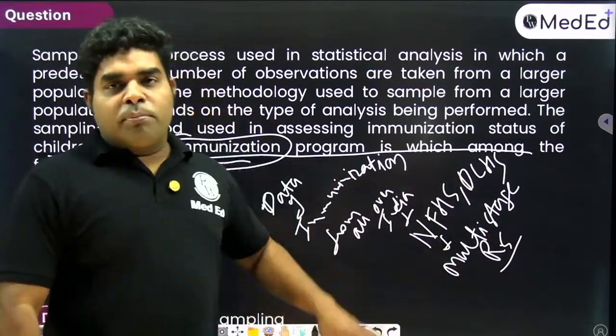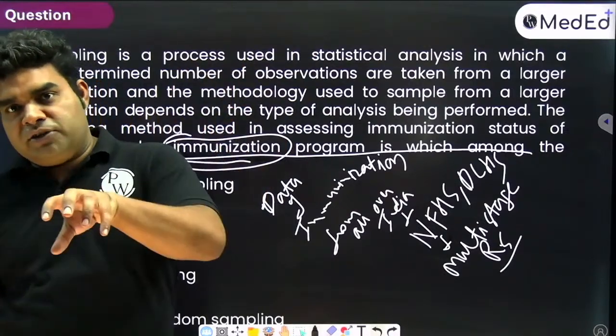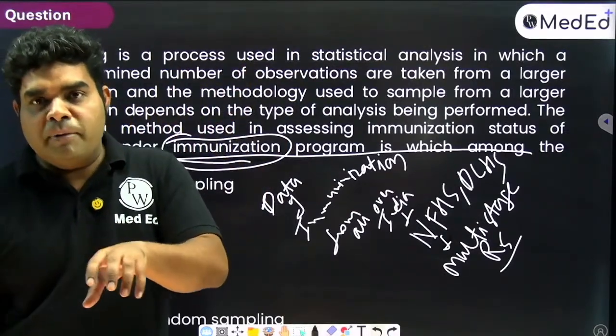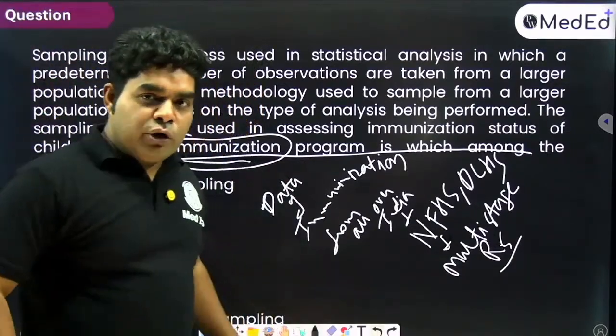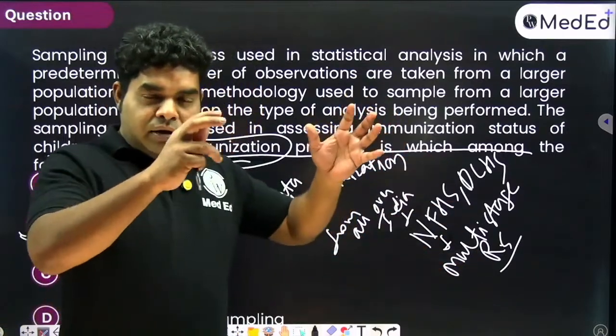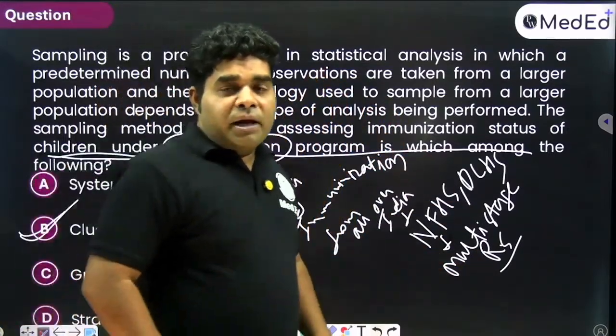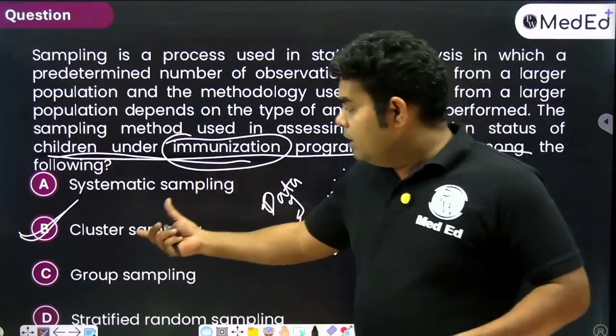From Bihar, you will choose some districts. Then from the district, you will choose villages. From the village, you will choose some mothers, interview the mothers, and give the data for the whole of Bihar. So when you want to collect the data for the whole of Bihar, you do multi-stage random sampling, which is multiple cluster sampling. And if you want to compare Bihar and UP, then you do the WHO immunization study by cluster sampling. Okay, I hope it is clear.